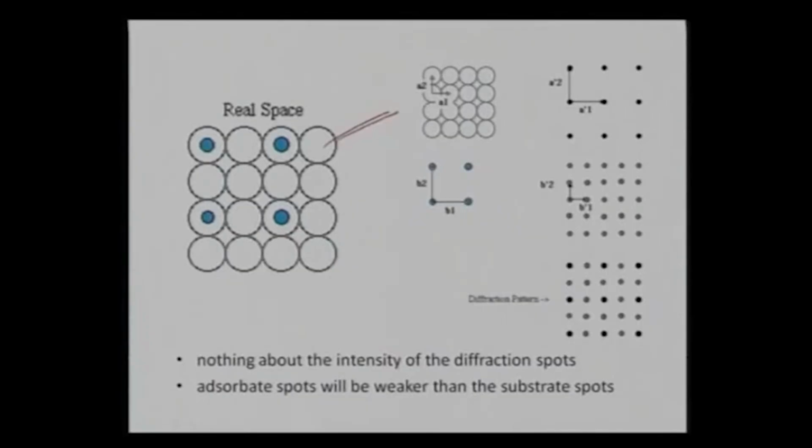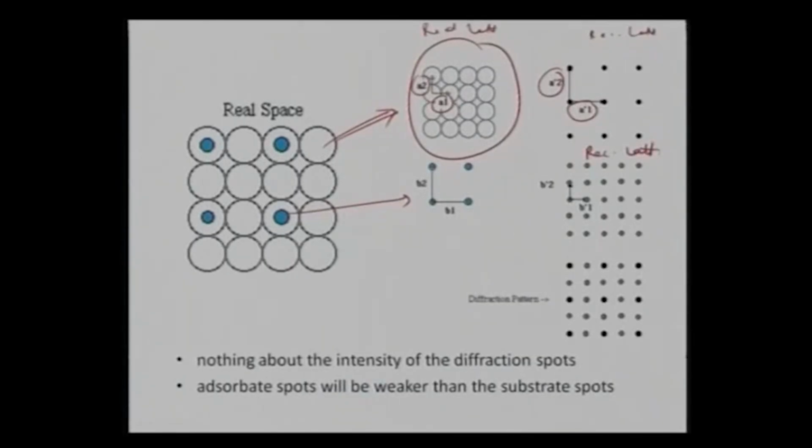How do they give out a particular diffraction pattern? It is like this. The overall structure can be divided into the matrix and the adsorbate, which is adsorbed on the surface. For a particular matrix, my lengths are A1, A2. I can take it to A-1 and A-2 in the reciprocal lattice. This is the real lattice, and I can take it to the reciprocal lattice. This is the reciprocal lattice.